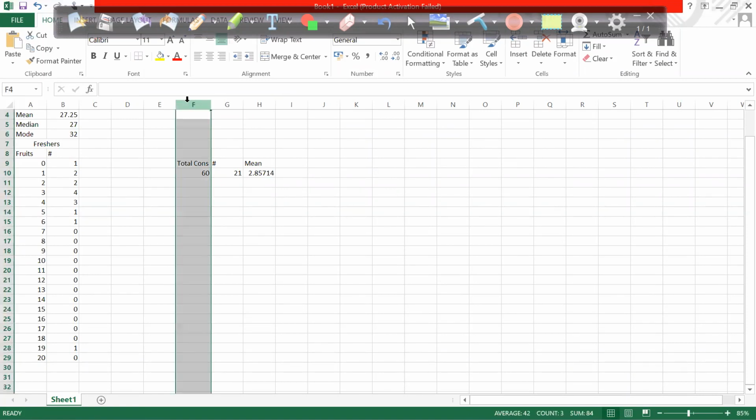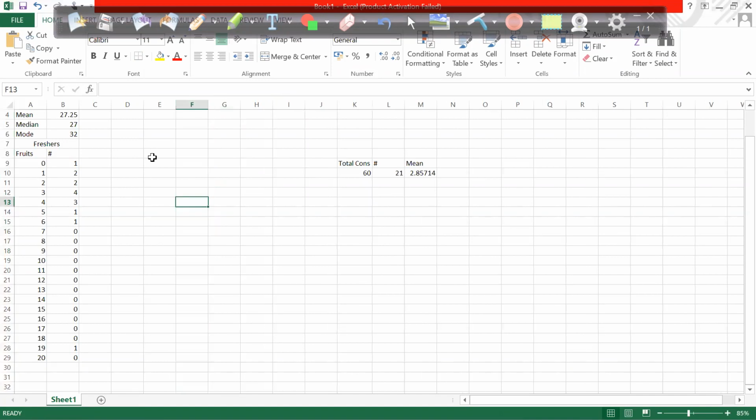Now I have another data, which is for the seniors. And again, they have the food consumption and number of seniors. Now here the consumptions are less. 0, 1, 2, 3, 4, 5, 6, 7. We'll go till 7, let's say.